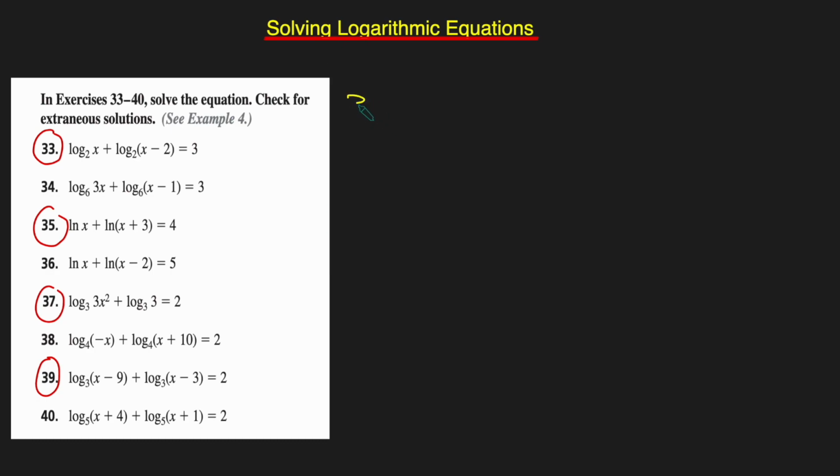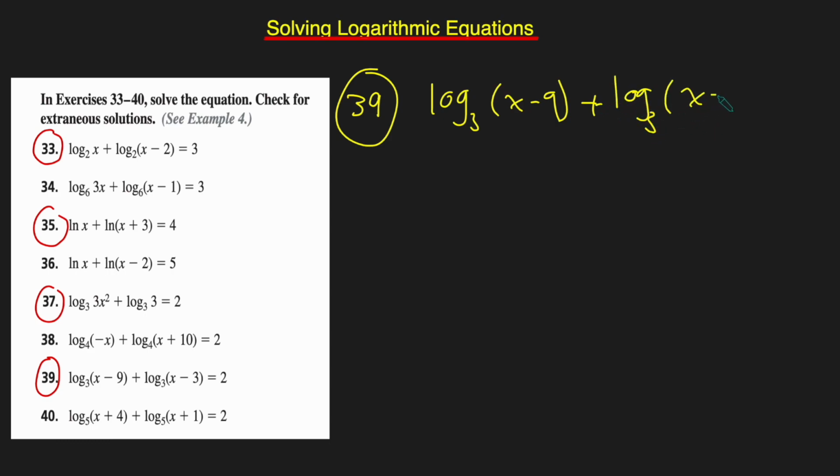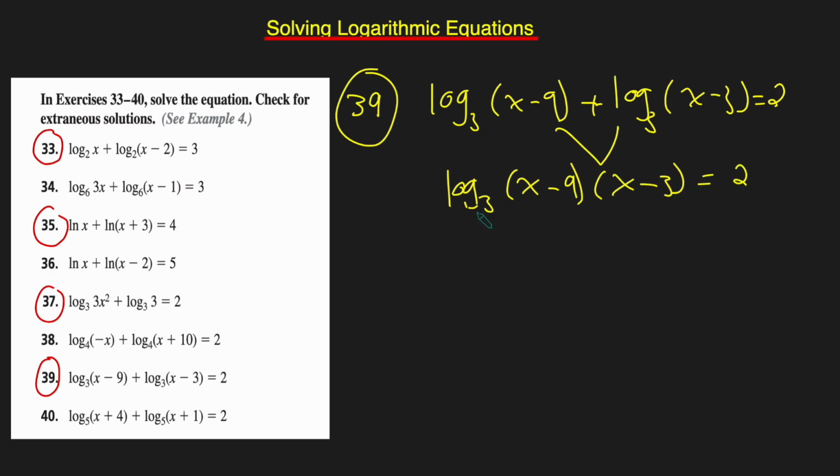Problem number 39. I have log base 3 of x minus 9 plus log base 3 of x minus 3 equals 2. I'm going to use the product property. That becomes log base 3 of x minus 9 times x minus 3 equals 2.